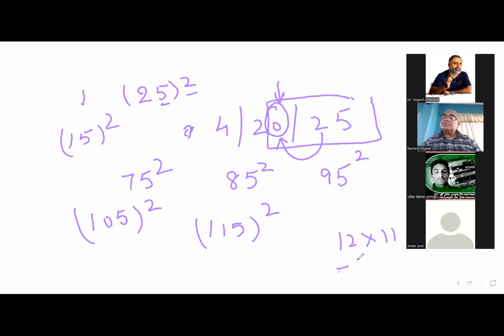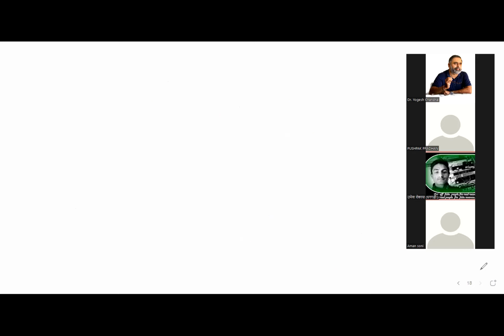That was 132. 13225. So now see, we have to implement what we learned yesterday. 125 square. 15625. Good.